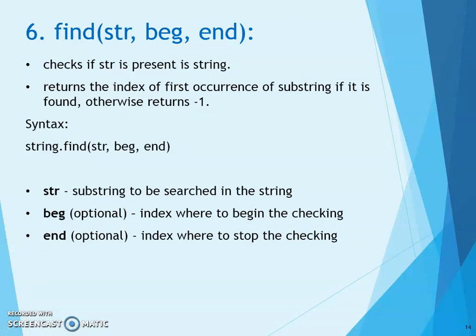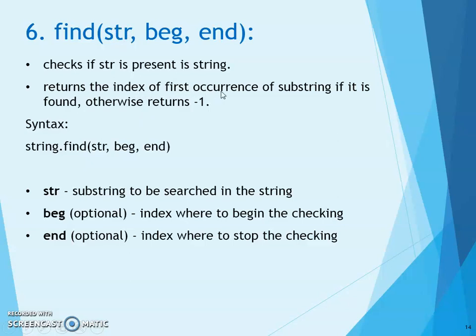The next method is find. This find method will check whether this substring str is present in our original string or not. If this substring is present in the original string, it will return the index of the first occurrence of that substring.